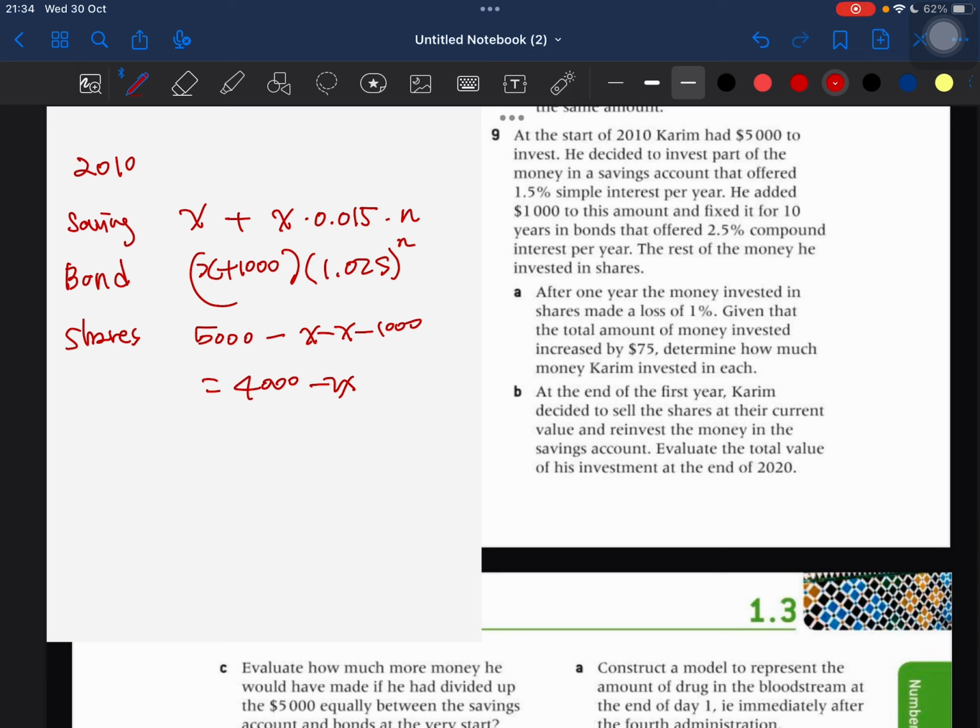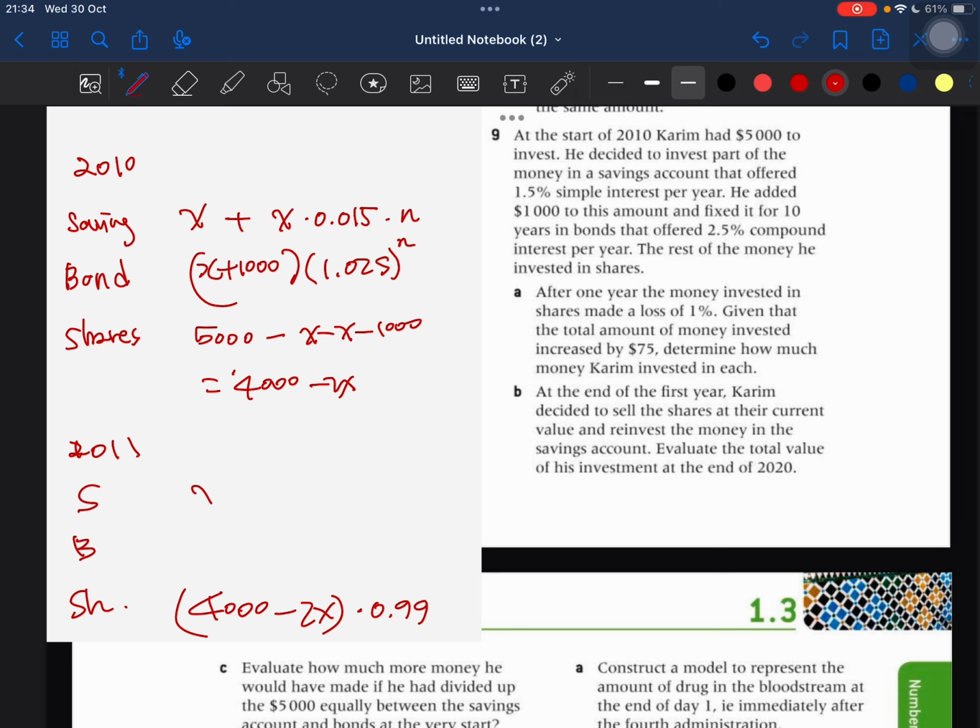After 1 year, the money invested in shares made a loss of 1%. Okay, so 2011, saving, bond, and share. This one, 4,000 minus 2x times 0.99. The total amount of the money invested increased by 75.